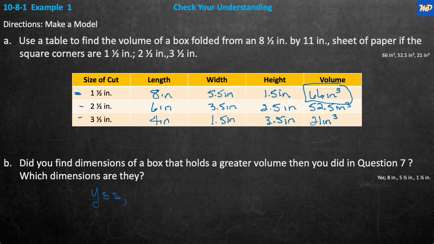It's the box that's 8 inches by 5.5 inches by 1.5 inches. That is the box dimensions. Okay? That gave us the greatest volume. And I did notice here that I wrote this as a decimal and this is a fraction, but you understand.